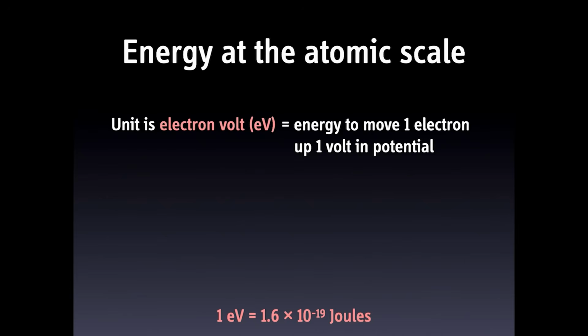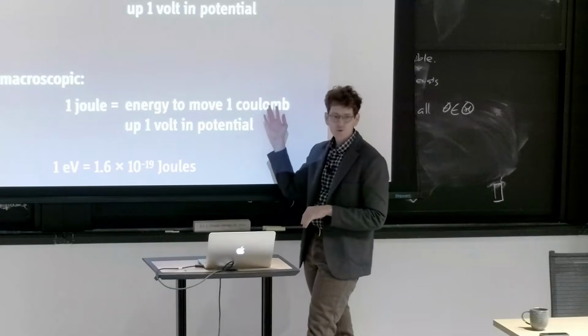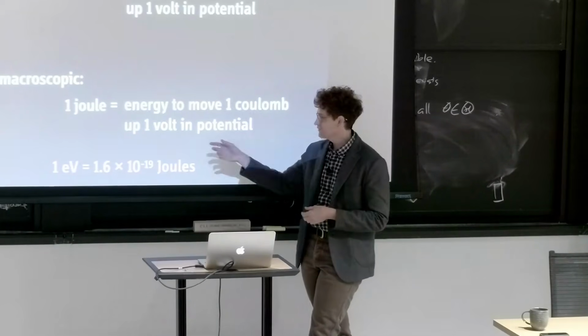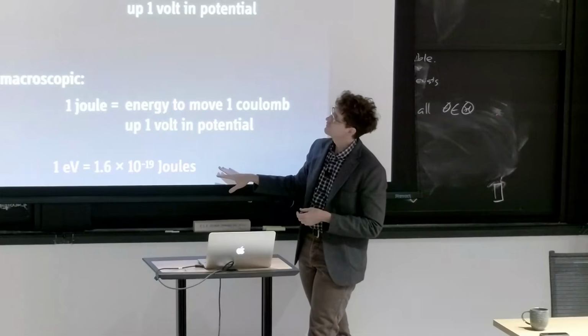Now, to put that in context, our macroscopic unit, the joule, is the energy to move 1 coulomb. A coulomb is a count, a total number of electrons, up 1 volt in potential. Wow, this thing is like jiggling around.